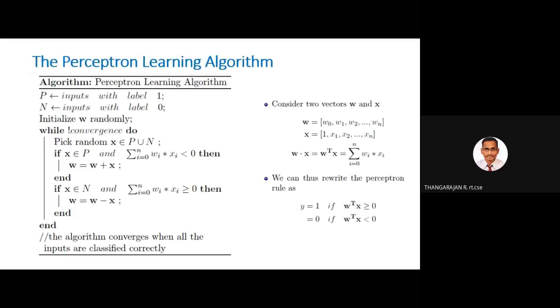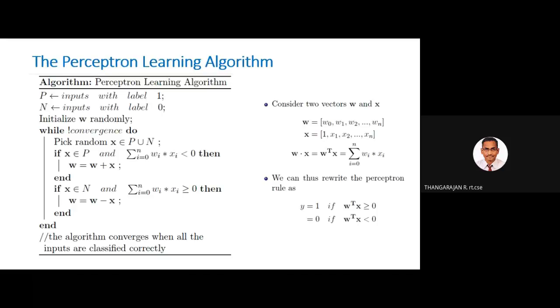In summation form I can put it like this, but in matrix form, it is W transpose X. X is a column vector, W transpose is a row vector. Generally vectors are column vectors, but when I put a superscript T, it becomes a row vector. So a row vector into a column vector is this.